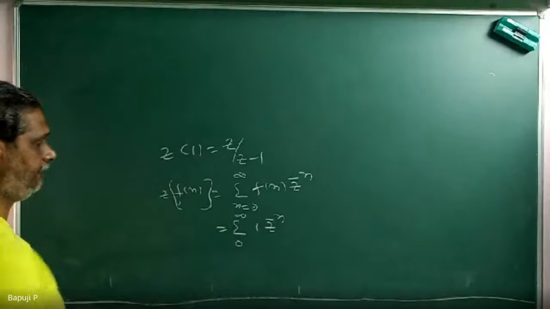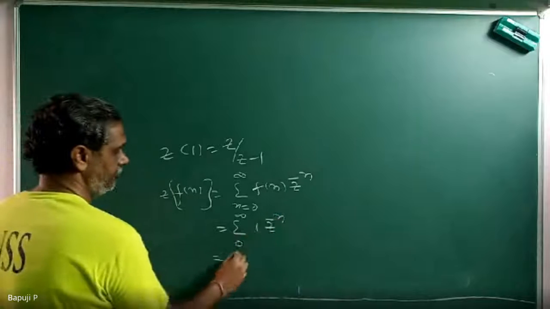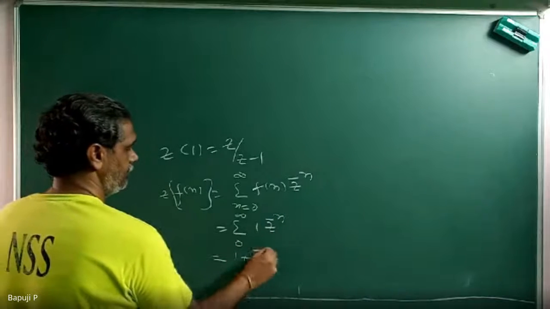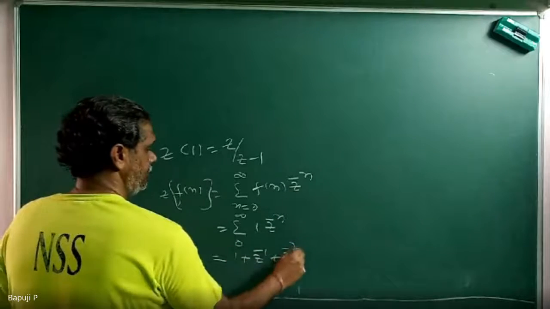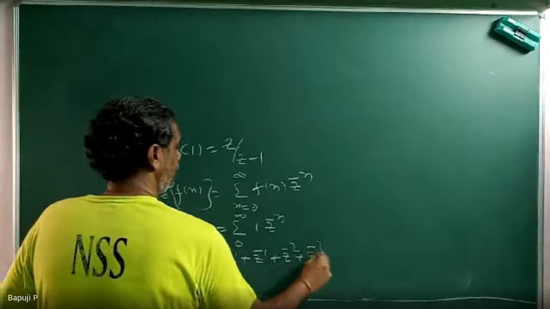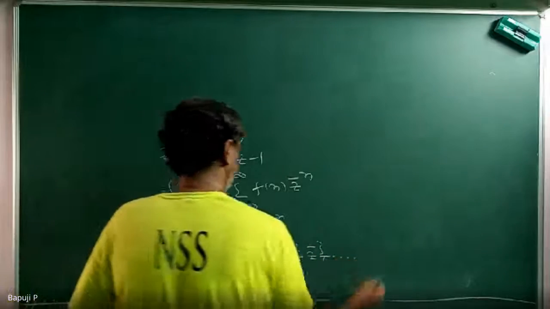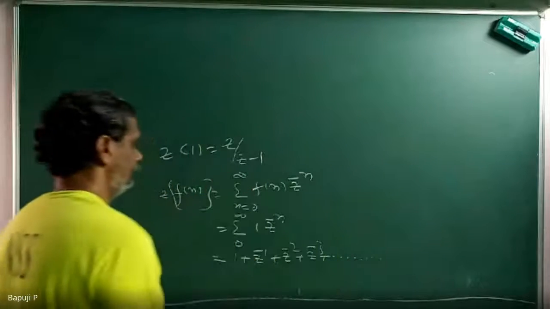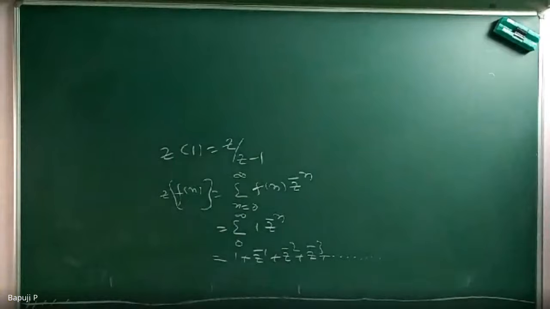If we expand, what will you get? For n equal to 0, 1 plus z to the minus 1, z to the minus 2, z to the minus 3, and so on.